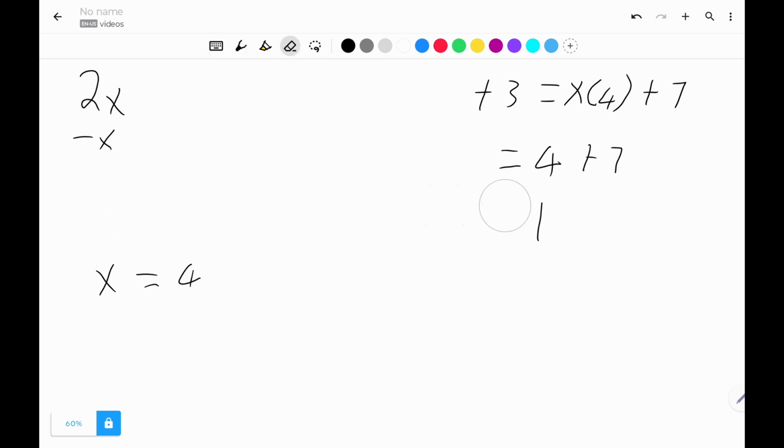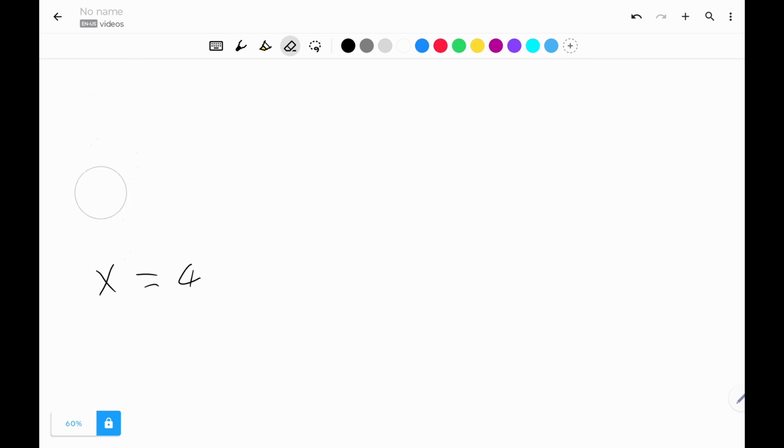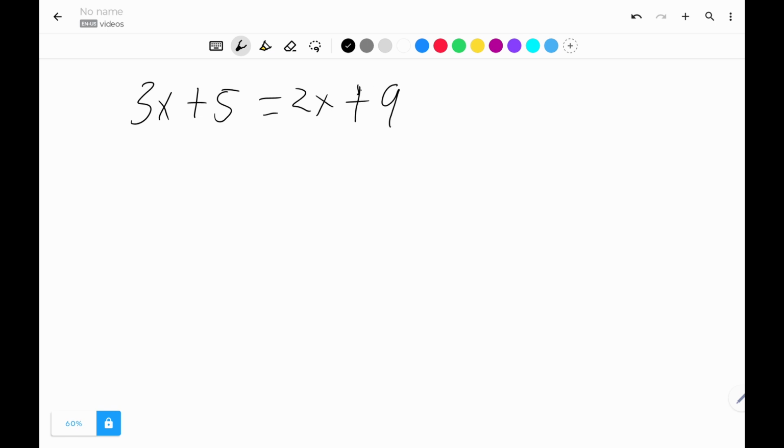So let's try something that's slightly harder, but you'll soon understand why it's simple and not hard. Okay, so that's 3x plus 5 equals 2x plus 9. So first move the smaller x term to the left by subtracting 2x from both sides. So that's minus 2x, minus 2x.